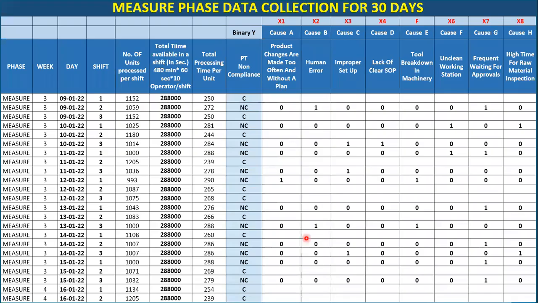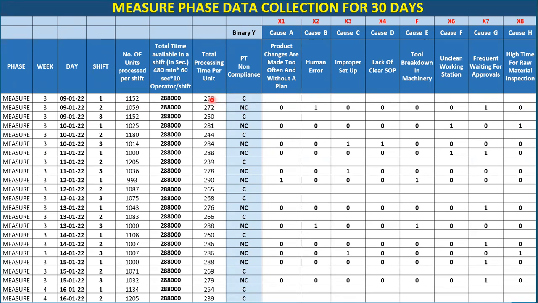This is the data we collected, if you can recall. So Measure phase, week and day, shift, and likewise, we added these numbers over here, and total time in seconds for 10 individuals per shift. Then this divided by this will give us the average processing time. Once we receive the average processing time, we compare it with the client-given specification limit, which is 270 seconds.